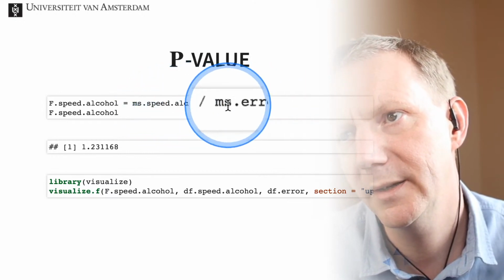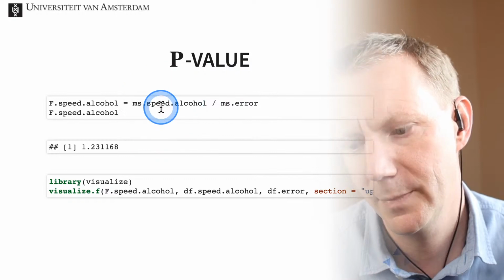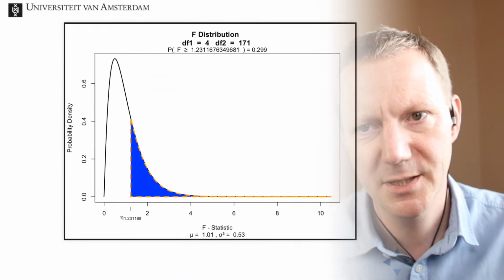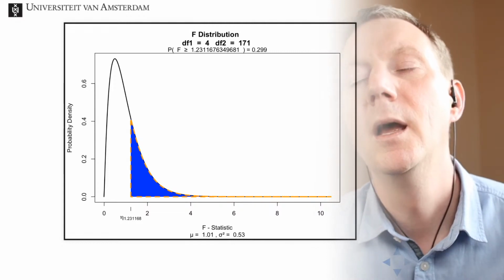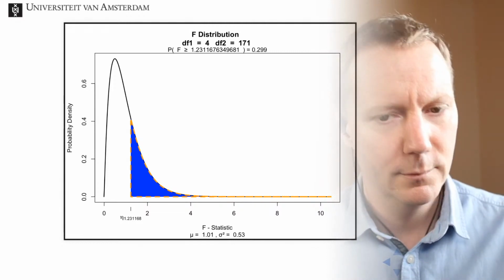So we're concluding there's no significant interaction. Does that make sense? Yes. Yeah. Very good. So basically, the speed and the alcohol increase the amount of accidents separately. Yes.